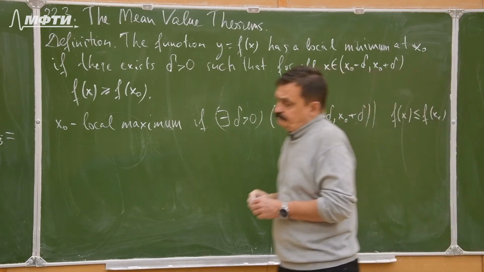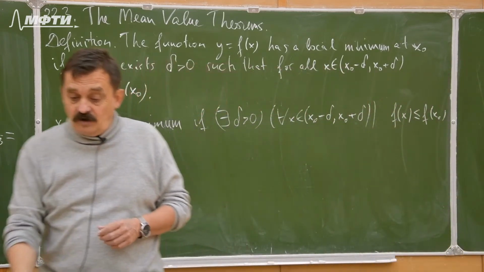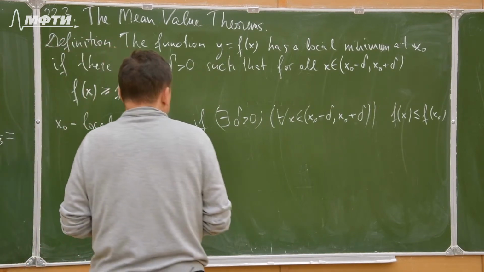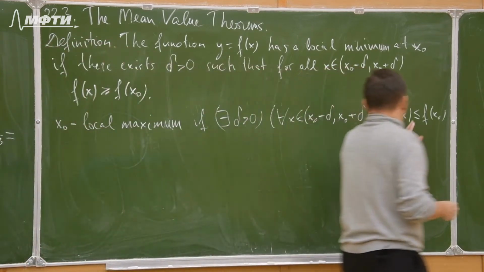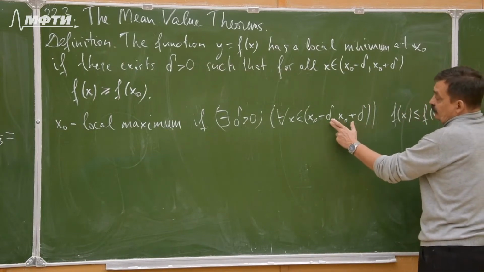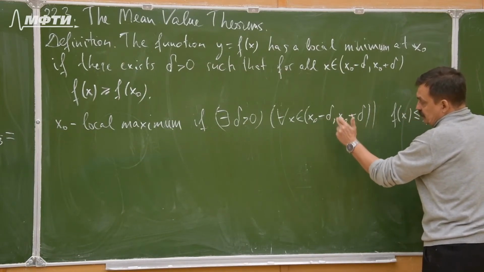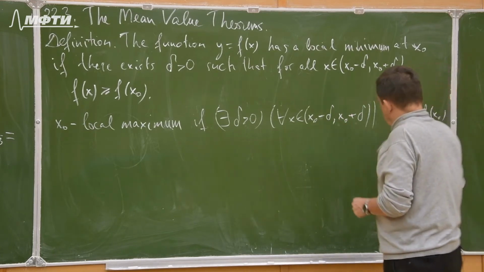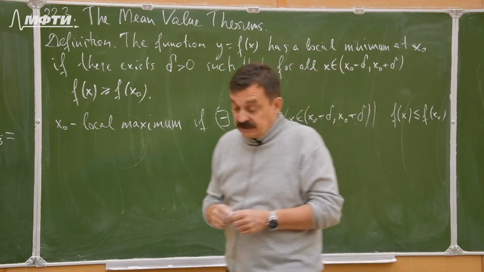And we have a strict local maximum and minimum, or relative maximum and minimum, if the inequality is strict for x not equal to x naught. So for a punctured neighborhood, the inequality should be a strict inequality.